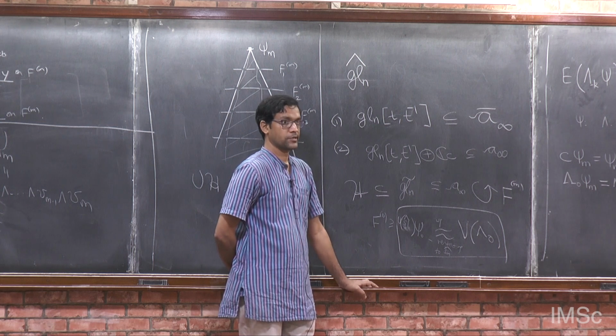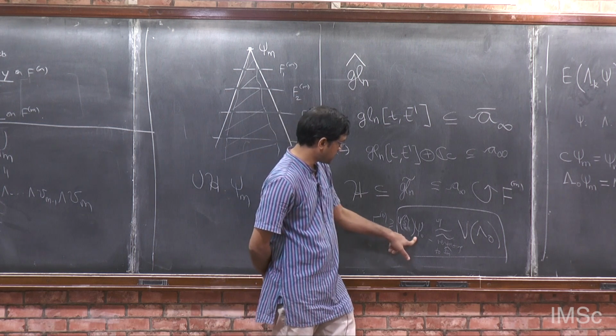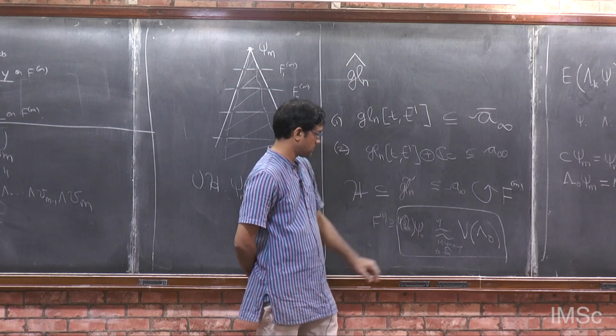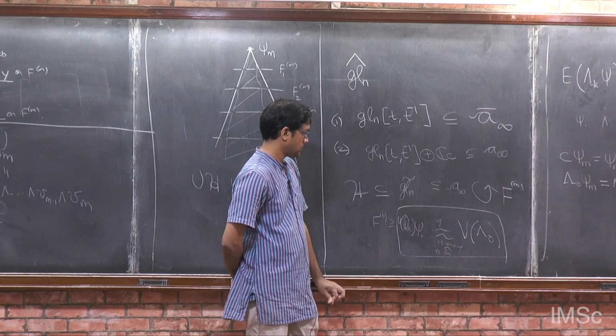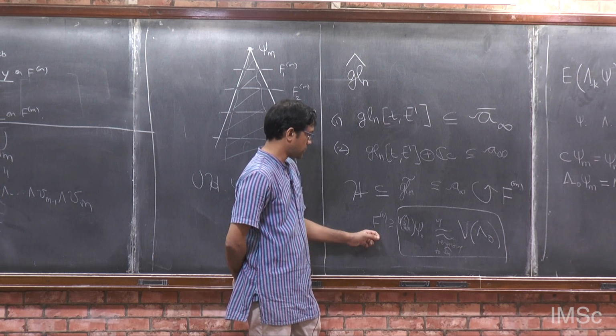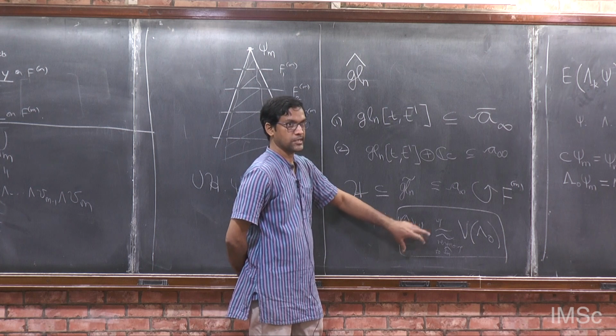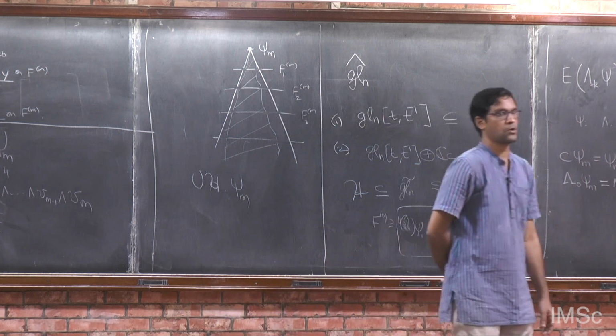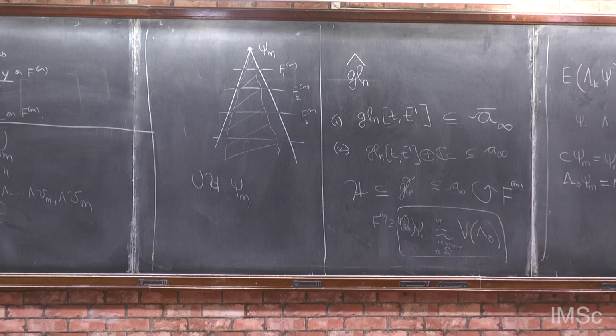Yes, it will change with n. This subspace itself is changing with n. Not the entire F0, just this. There is a certain subspace of F0 which will turn out to give you V lambda naught.